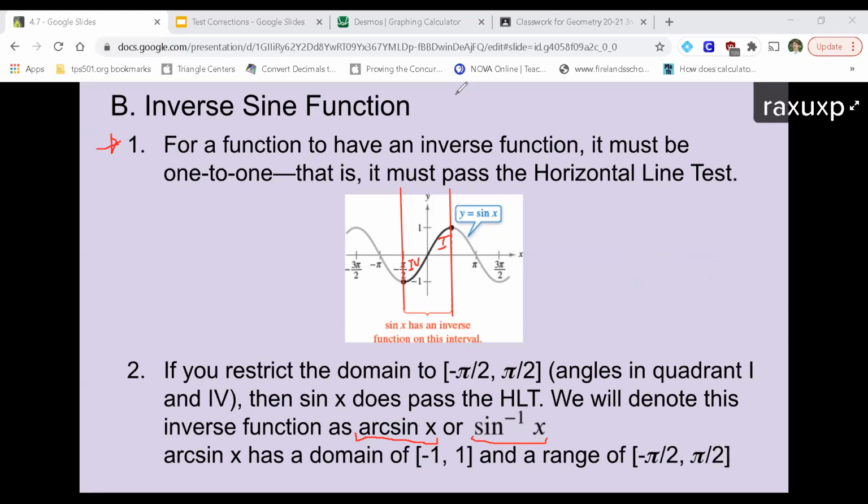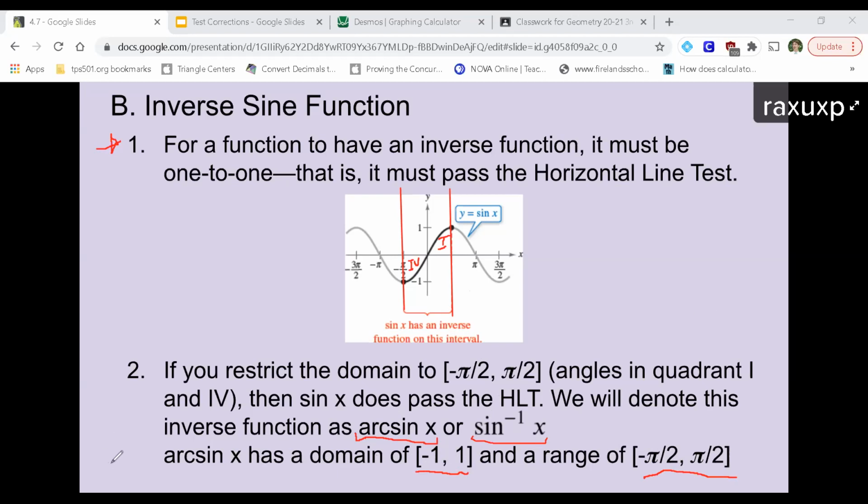So the arc sine function will take a y value and give you an angle. So its domain are all the possible y values from -1 to 1, and its range, its output, will be the angles between -π/2 to π/2.